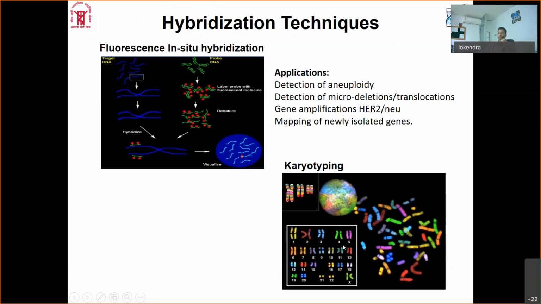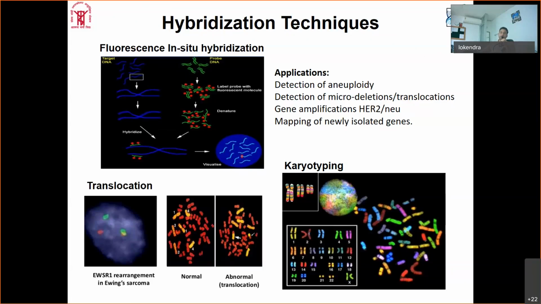Each and every chromosome has a banding pattern, and if it differs from the original one, then there is an indication that there may be some genetic abnormalities. Similarly, one example is translocation. In Ewing sarcoma, there are certain rearrangements in the chromosomal part. This is the normal case, and there is a certain chromosomal portion which is translocated, and that is considered abnormal.